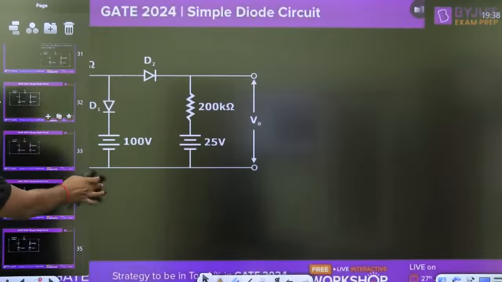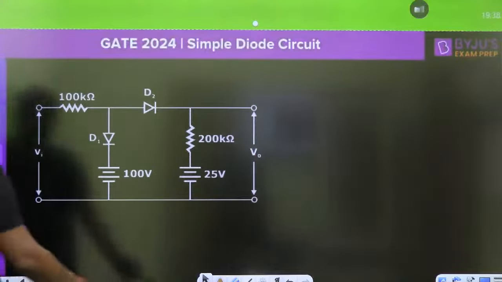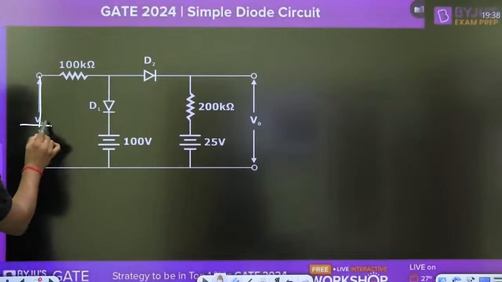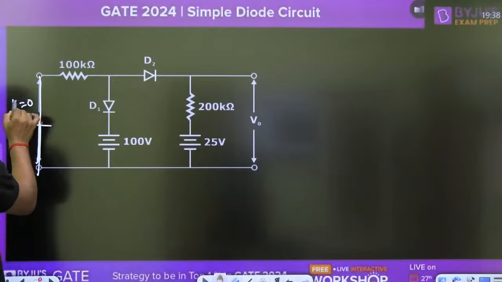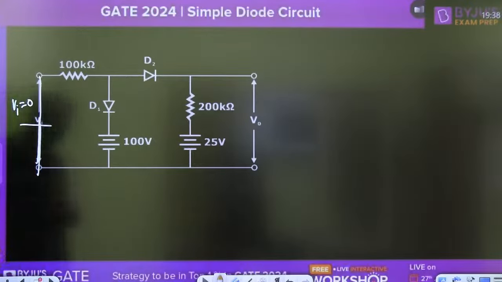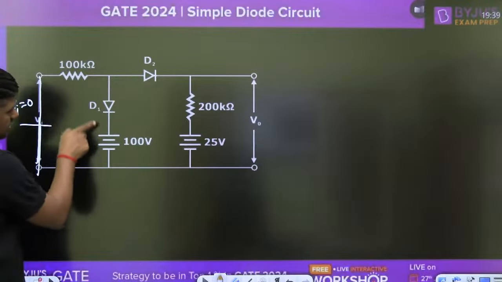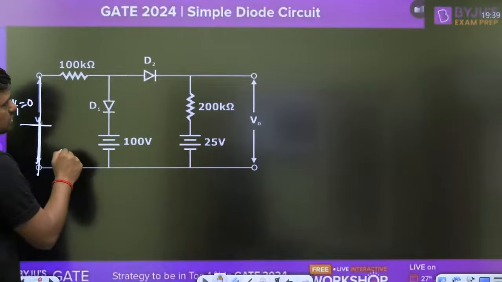First of all, I am choosing 0 volt. Short circuit it, Vi is 0 volt. Now watch this diagram carefully. Always watch what is the highest battery in the circuit. There are two diodes.